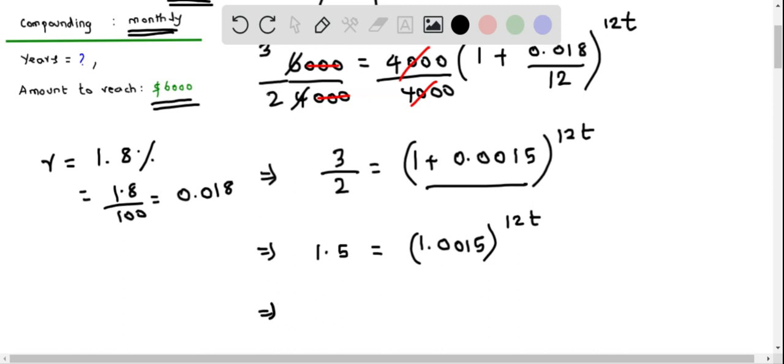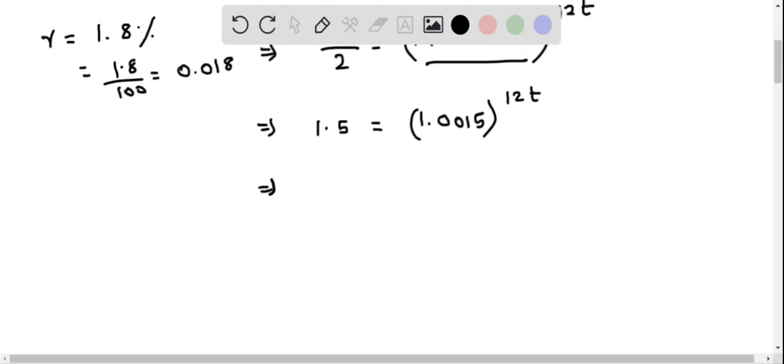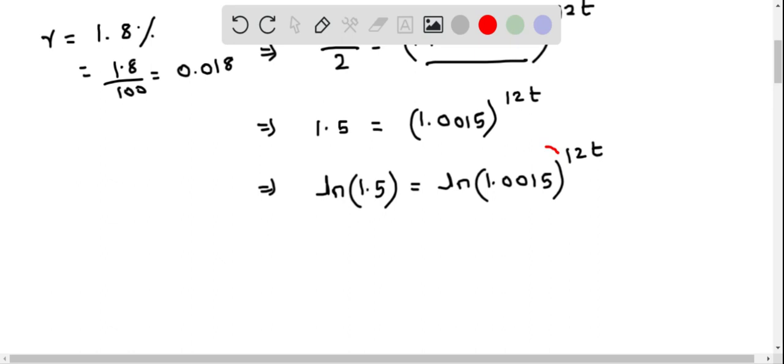Now let's apply natural logarithm to both sides. So when we do that, we get natural logarithm of 1.5, and this equals natural logarithm of 1.0015 raised to the power of 12t. Now, using the power rule of natural logarithm, we can put this 12t in front of natural logarithm.